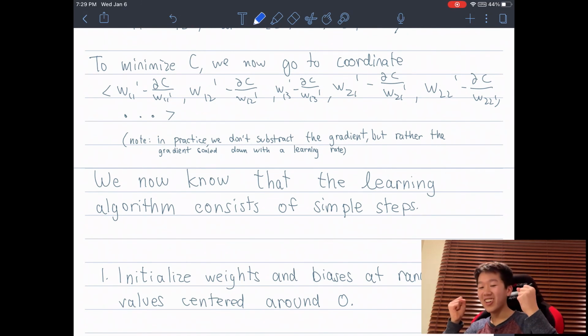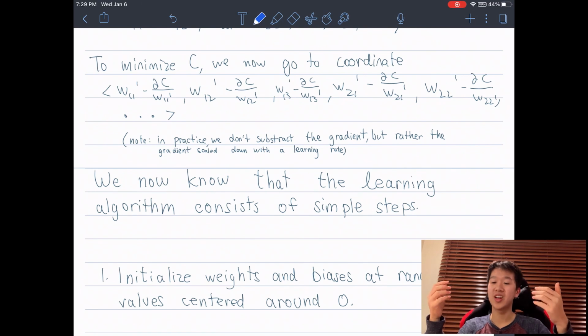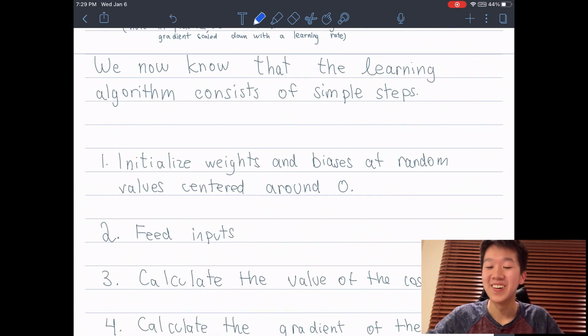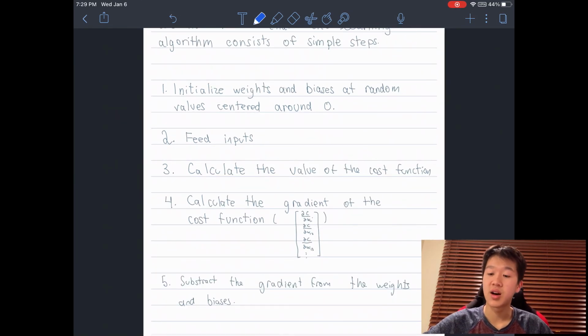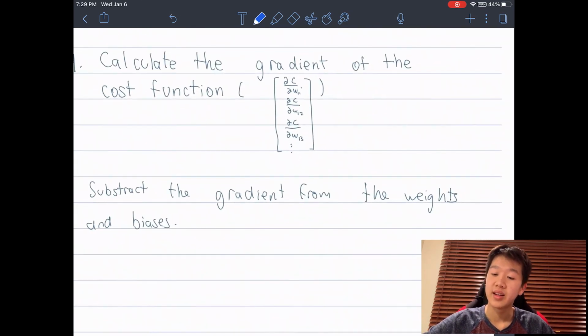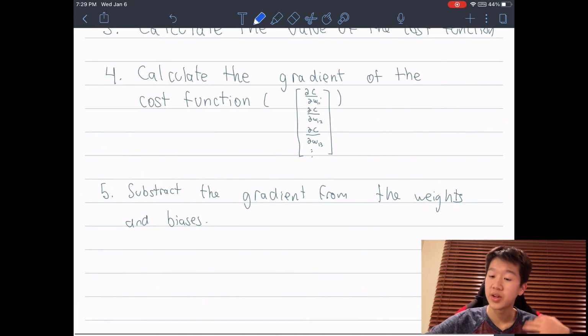So we now know that the learning algorithm for neural networks consists of pretty simple steps, yet so hard to understand. You first have to initialize weights and biases at random values centered around 0. Then you feed inputs. You calculate the value of the cost function. You calculate the gradient of the cost function. And then you perform gradient descent. How do you do that?